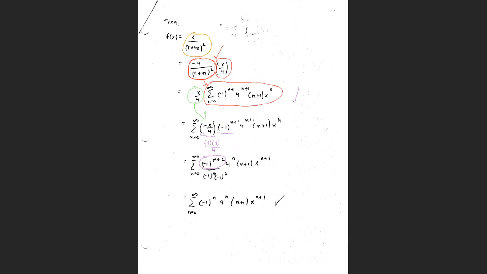And then 4 here in the denominator, well, if you take 4 to the n plus first power and divide that by 4, you'll get 4 to the nth power. Okay. And then x times x to the nth power is x to the n plus first power.